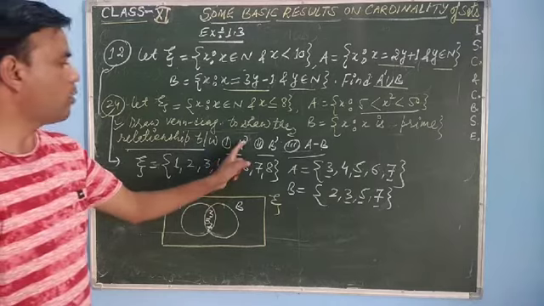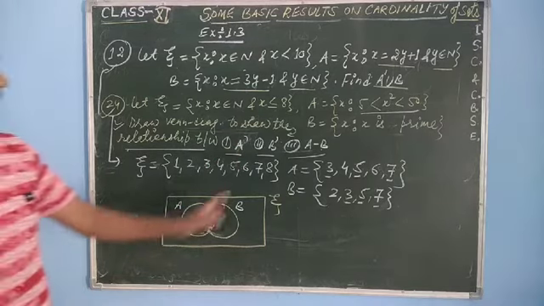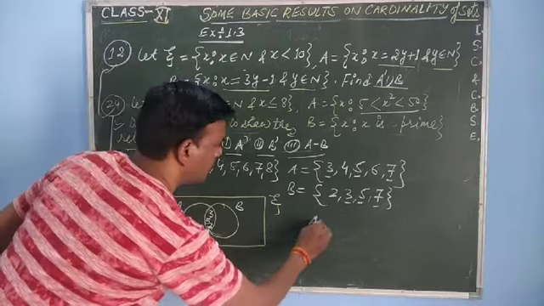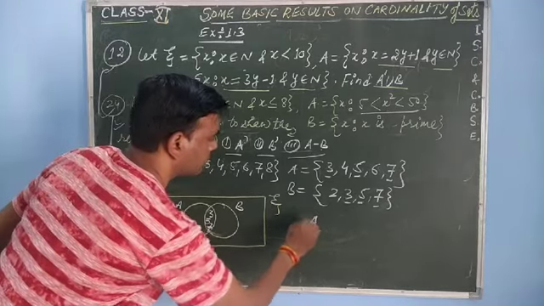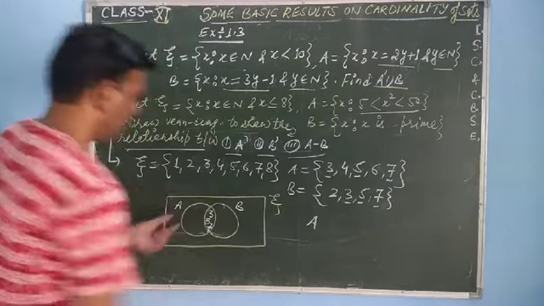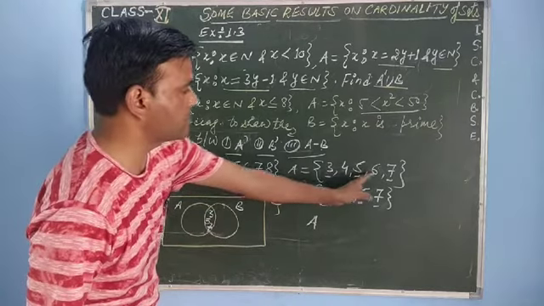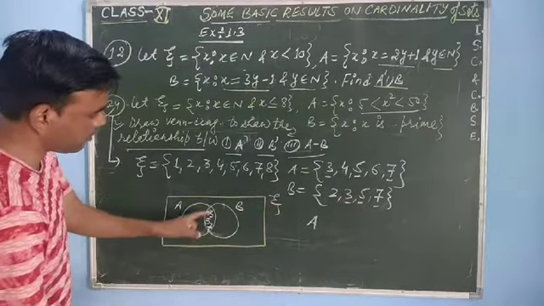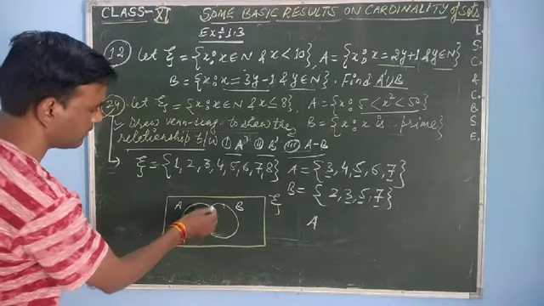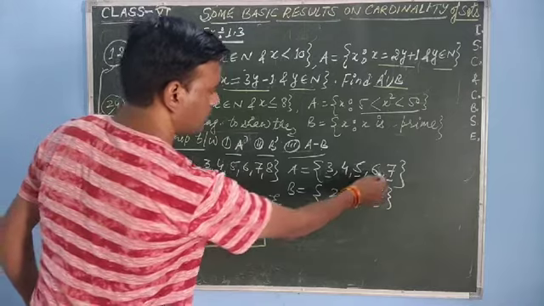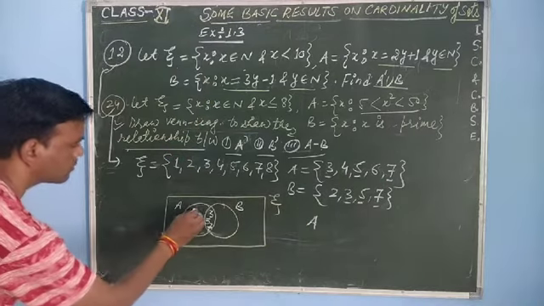Now we have to find the complement of A. You better know that complement A is equal to universal minus A. Set A is 3, 4, 5, 6, 7. If we remove the common elements 3, 5, 7 from the whole set A, which elements remain? 4 and 6.